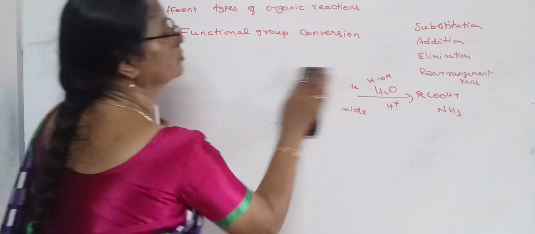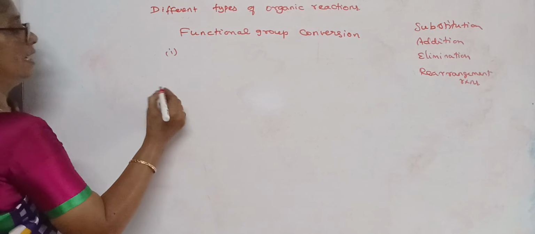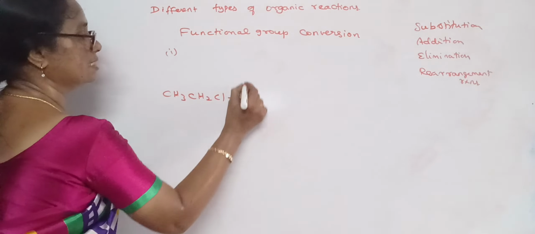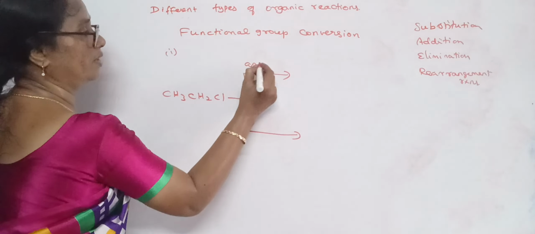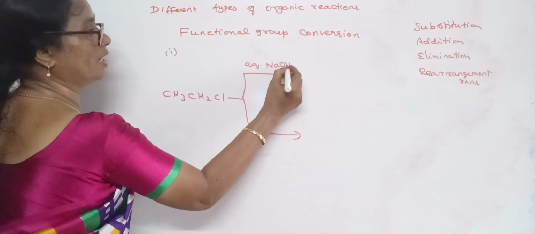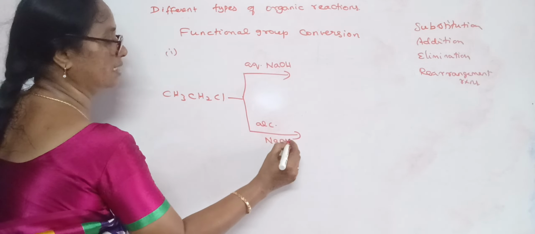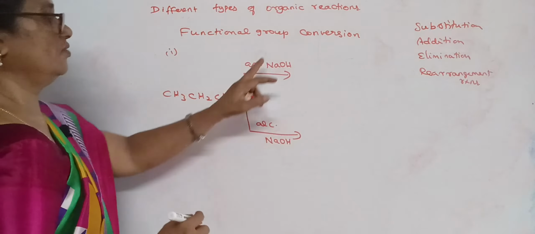The last one. Let us take an alkyl halide. It depends on the reagent I have taken. It may give rise to 2 different kinds of products. See that? I have taken ethyl chloride with aqueous NaOH, it gives alcohol.